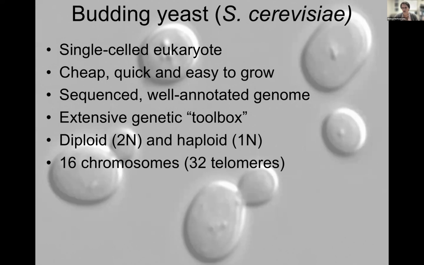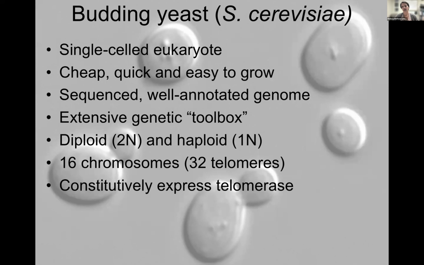Budding yeast have 16 chromosomes and therefore 32 telomeres. And they are also useful for studying telomerase because these single-celled organisms are constantly dividing, and so they constitutively express the telomerase enzyme.